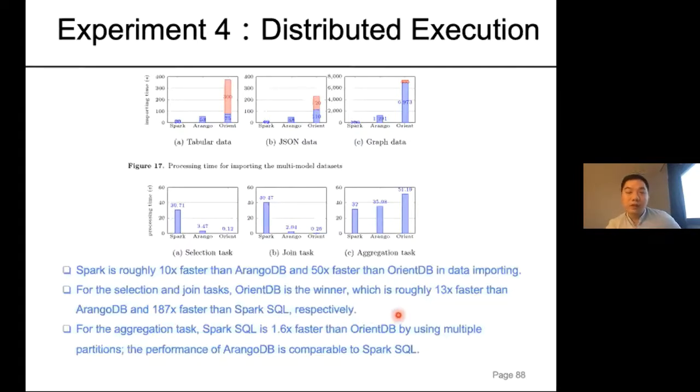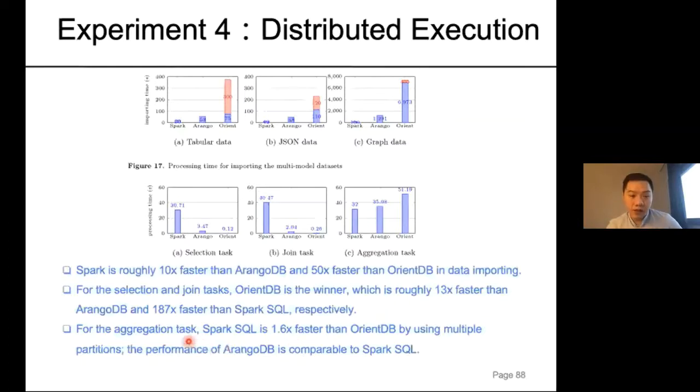So SparkSQL is slow due to the absence of index, and for the join task, because SparkSQL has to do the shuffle phase, it's costly, whereas OrientDB has the local index, which can accelerate the query significantly.